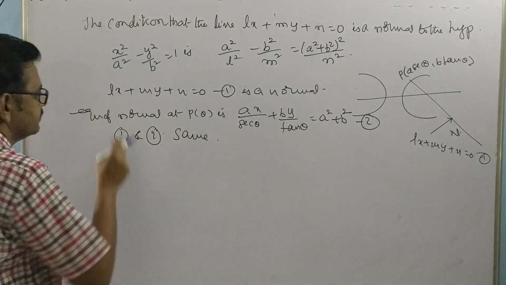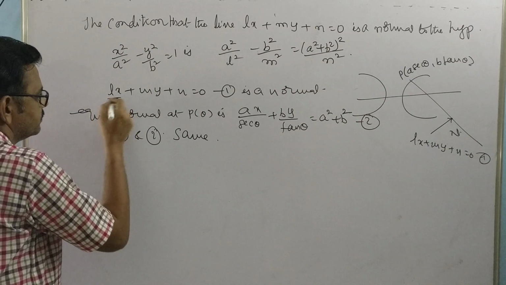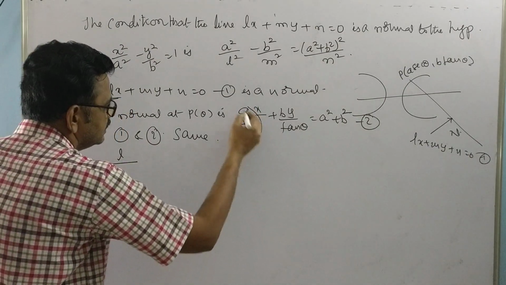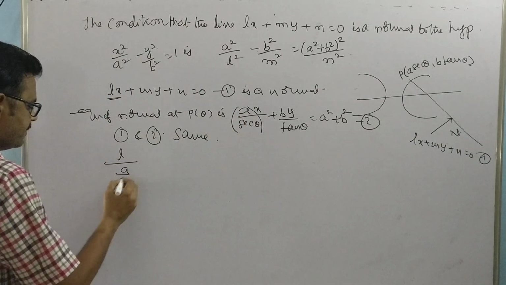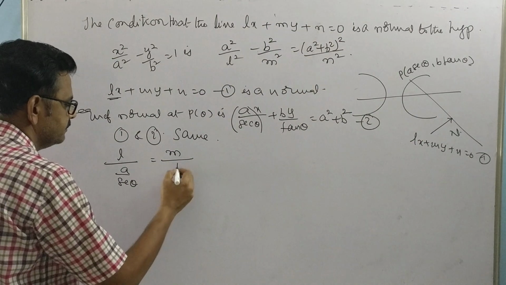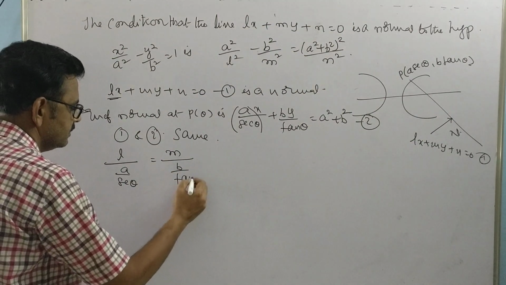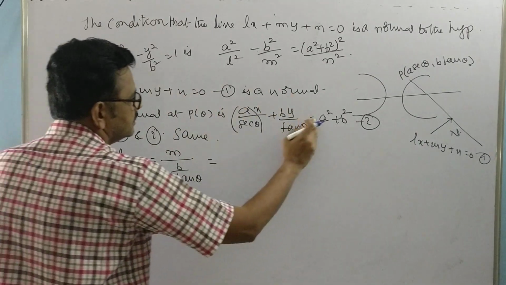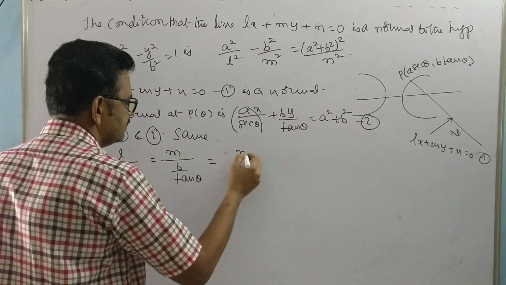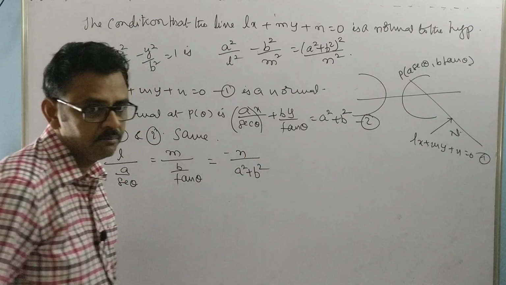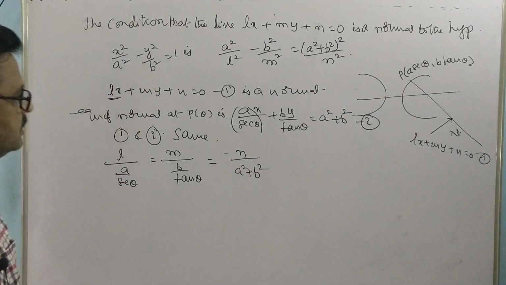So comparing their coefficients. The x coefficient is L by a by secant theta, equal to m by b by tan theta, is equal to minus n by a square plus b square.